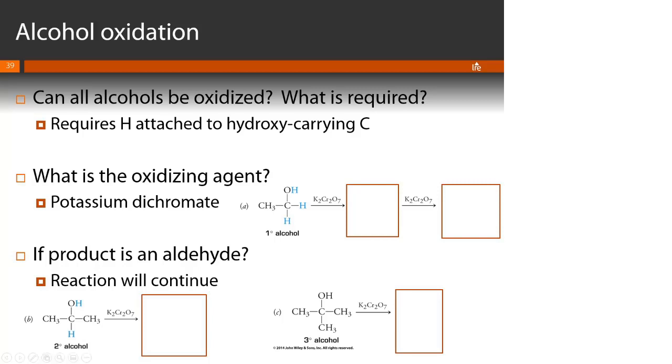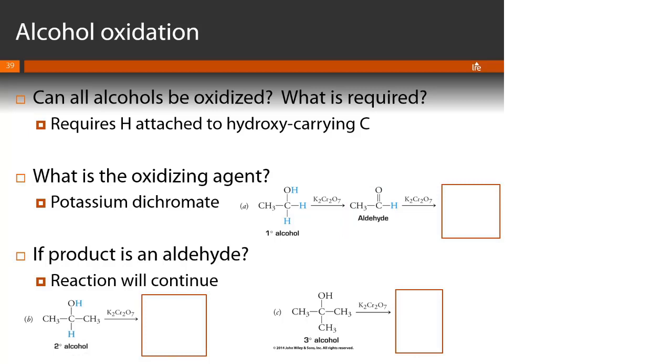Okay, so problem A here, we have a primary alcohol, methanol, and we're going to oxidize it with potassium dichromate. So we're going to remove the hydrogen attached to the oxygen and one of the hydrogens attached to the hydroxy-carrying carbon. And then we're going to form a double bond between our oxygen and carbon, and that is going to give us an aldehyde.